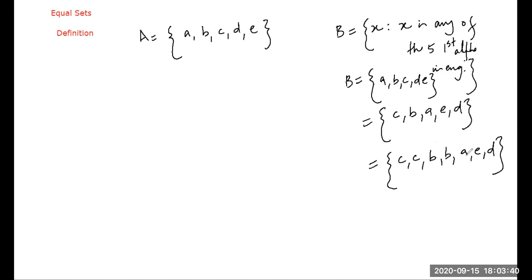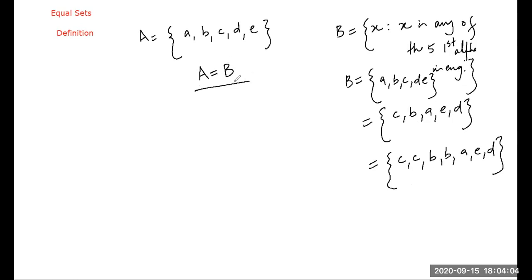A, B, C, D, E, all the elements are there. So in this case, when both the sets have the same elements, I can say they are equal sets. When they're equal sets, I can write A is equal to B.